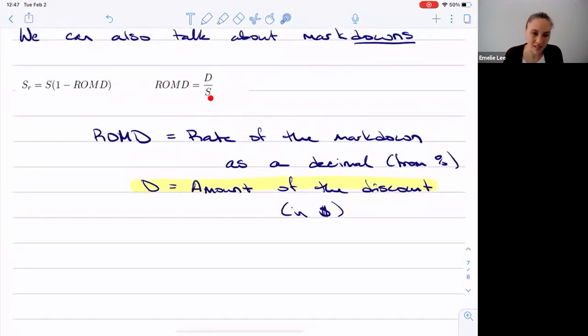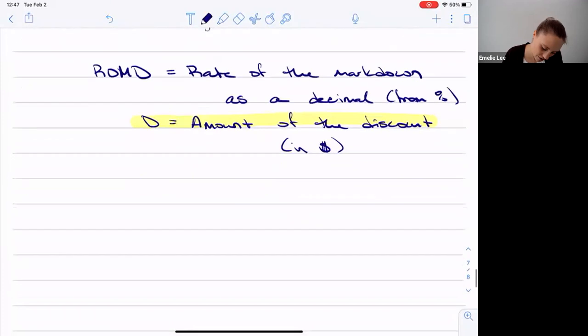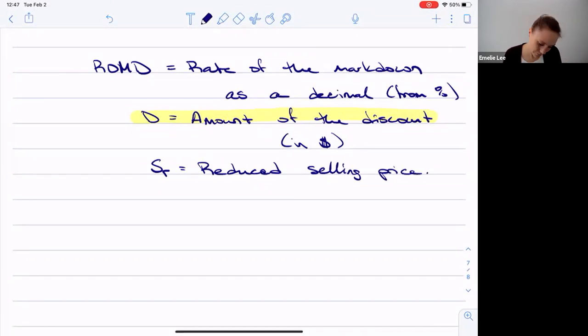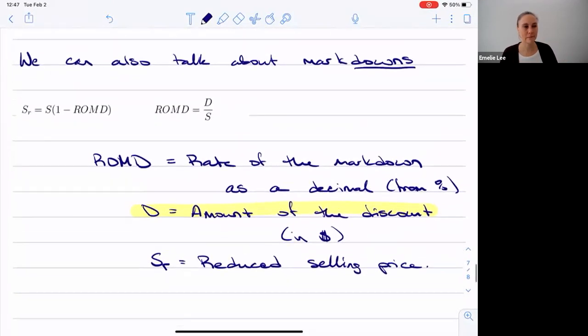S, of course, is the selling price again. The only new one is the reduced selling price, which is S subscript R. So S subscript R is the reduced selling price.